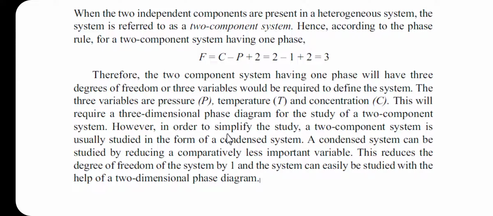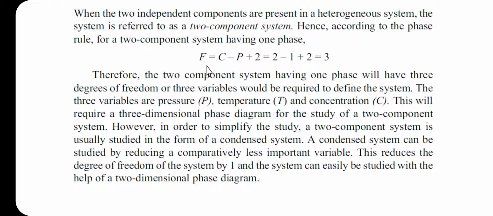However, in order to simplify the study, the two component system is usually studied in the form of a condensed system. A condensed system can be studied by reducing a comparatively less important variable. This reduces the degrees of freedom of the system by 1, and the system can be easily studied with the help of a two-dimensional phase diagram.